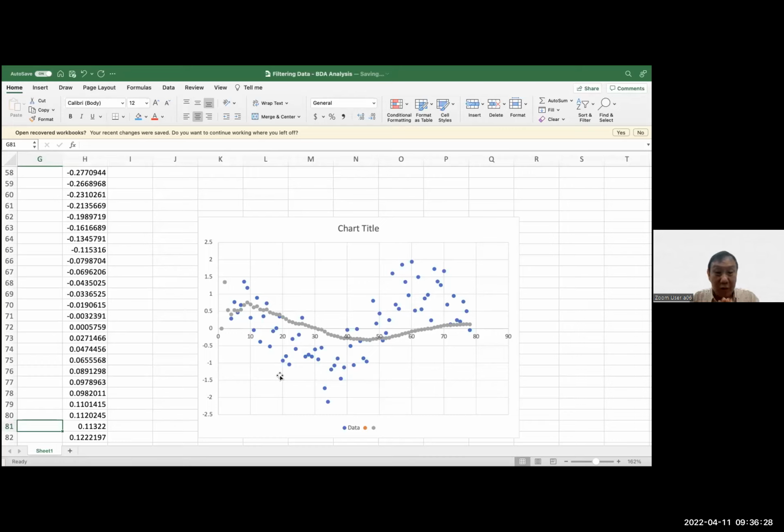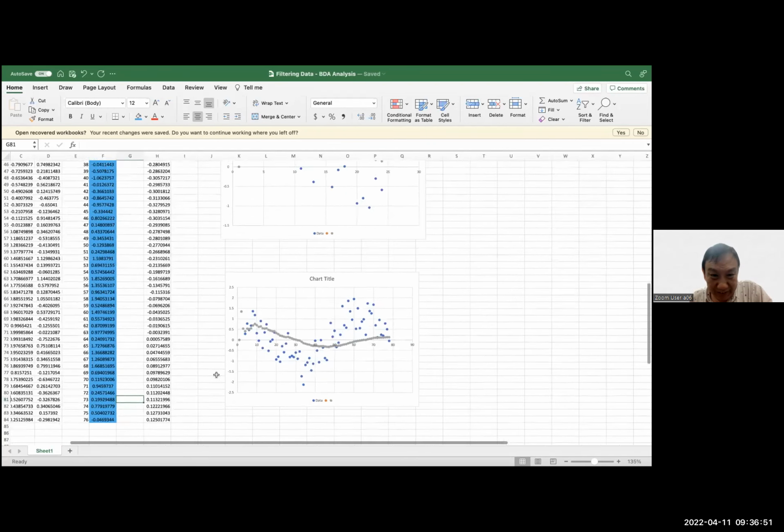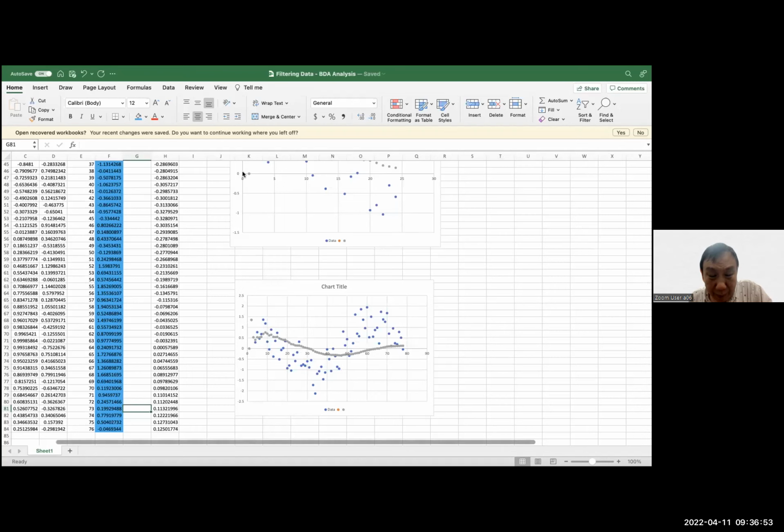When your noisy data is going down, the time average is also going down, but there is a delay. Again, when your data is going up, your time average is also going up with the delay. Can you see that or not? So at least you can get the pattern even though there is a delay.